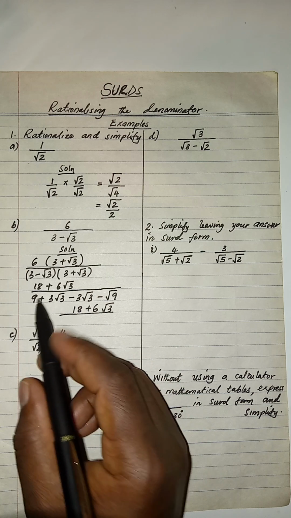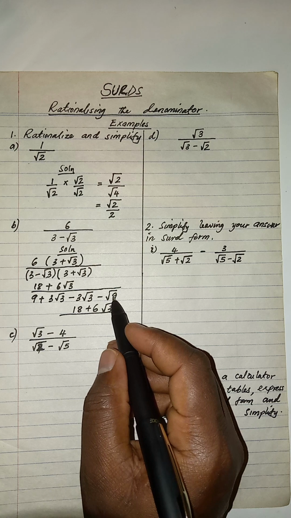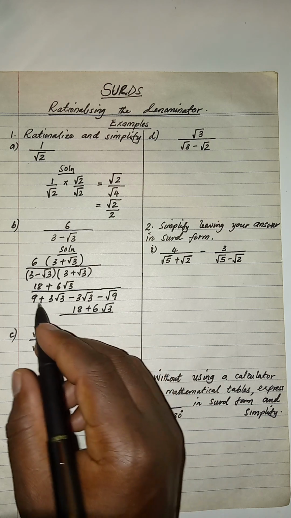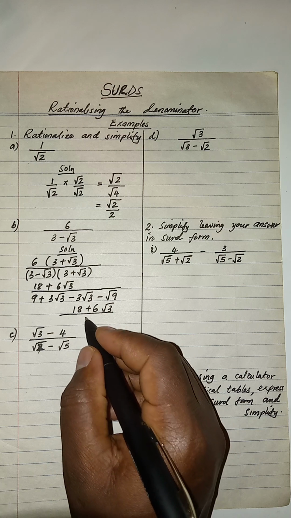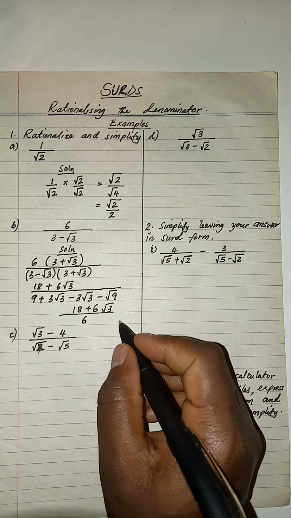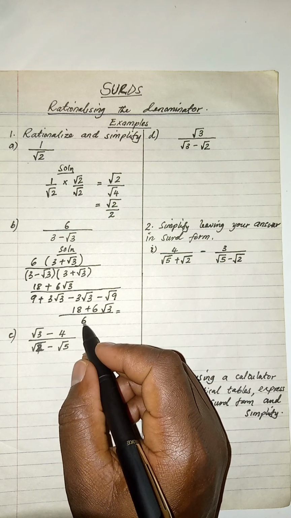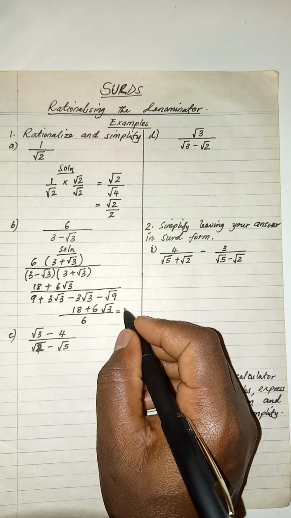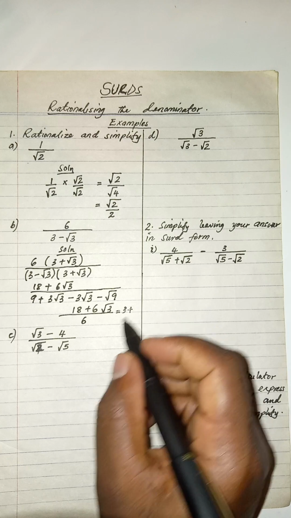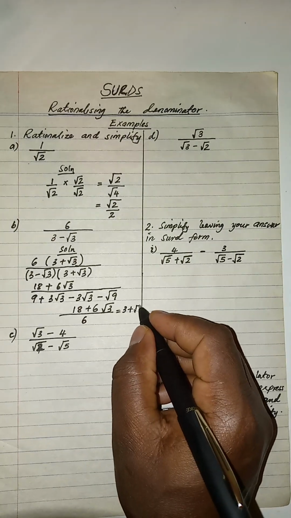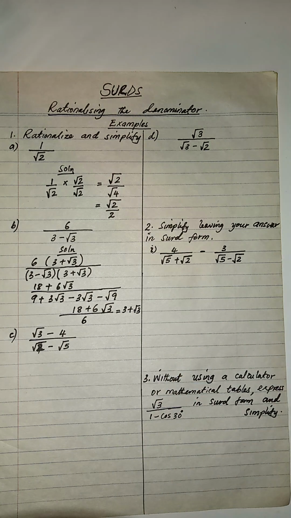So it is 3 minus the square root of 9, which is 3. So 9 minus 3 gives us 6. So you can simply say that this will give us 18 divided by 6 to give us 3, plus 6 divided by 6 to give us root 3.